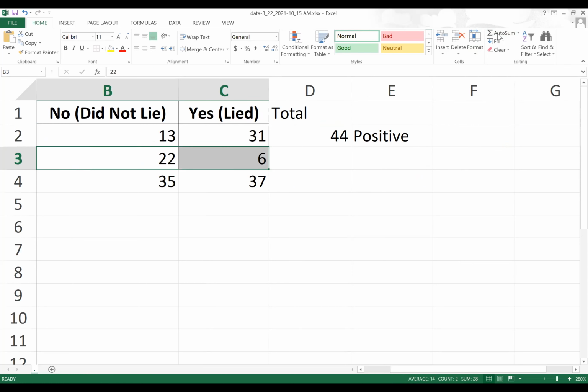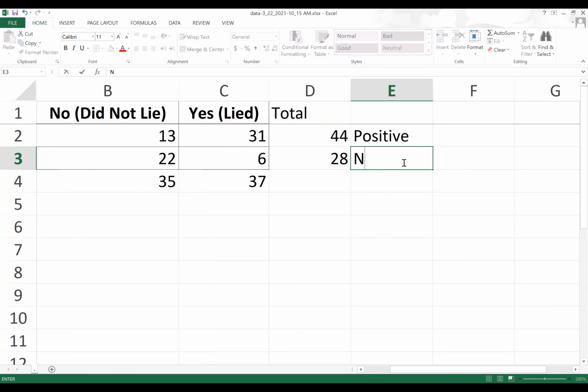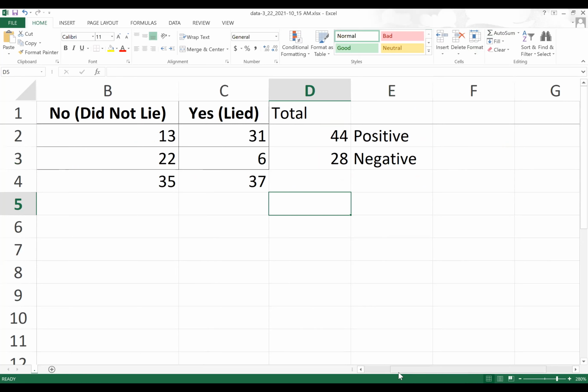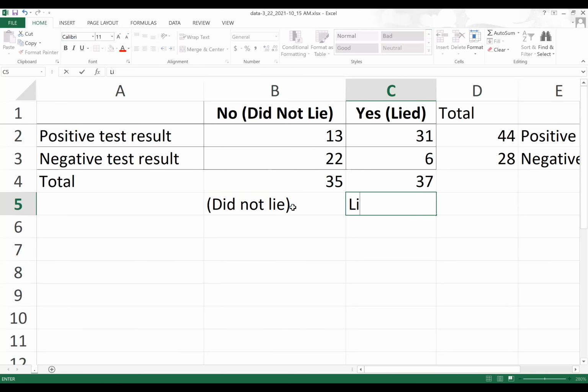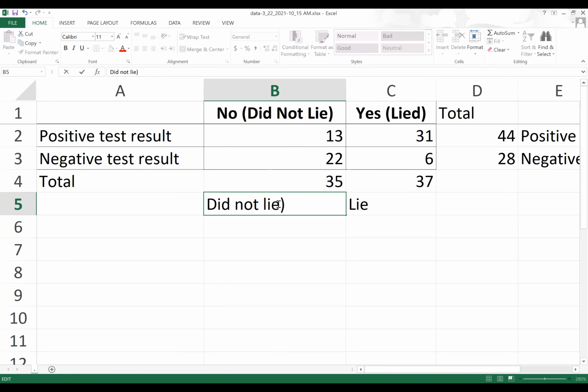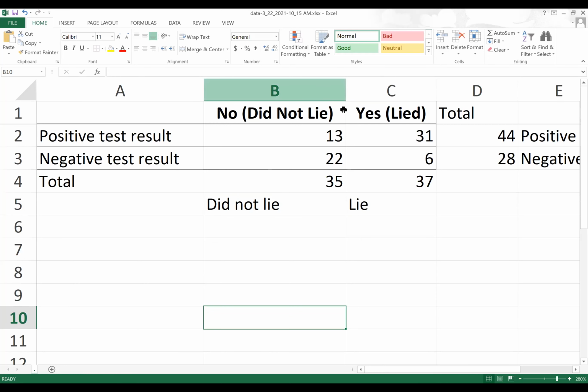And 28 negative test results. And this 35 indicates the total people who did not lie, and this one is the total people who lied. That's all. So this actually separates, but they do have intersections, right? Because if you look at this 13, it's the intersection of positive test result and did not lie. So each number here has a very unique element behind it.